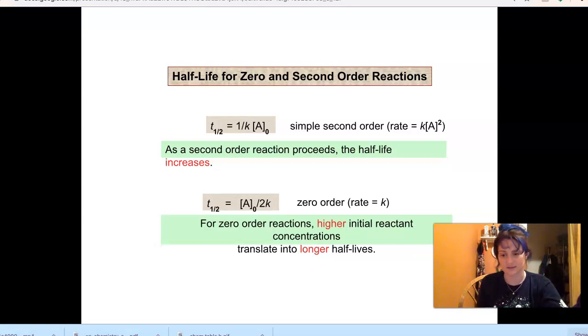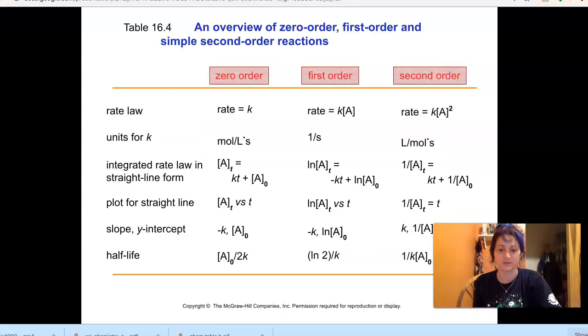They're not constant. 1st-order reactions are the only ones with constant half-lives. For 2nd-order reactions, the half-life actually increases as the reaction proceeds. And for 0-order reactions, the half-life actually takes longer, so it slows down, I guess, as the reaction proceeds.